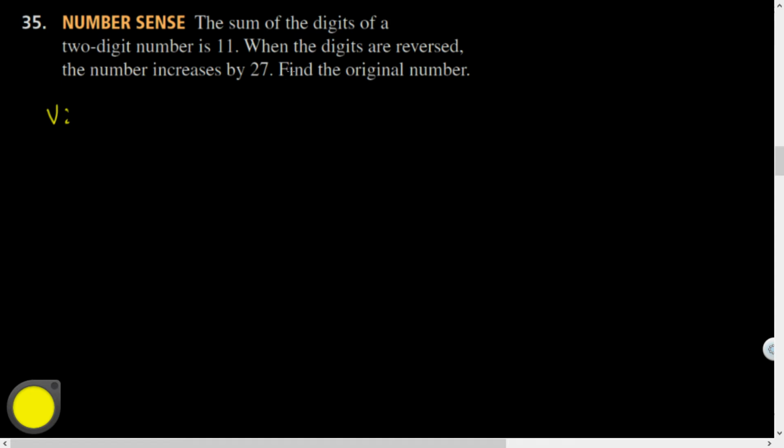All right, so my variables. It's a two-digit number, so I could have x be the tens place and y is the ones place.